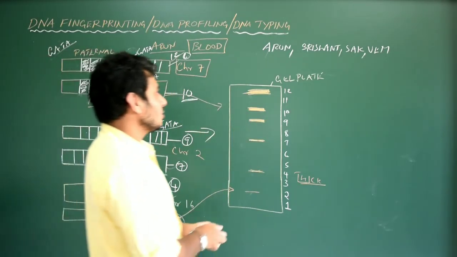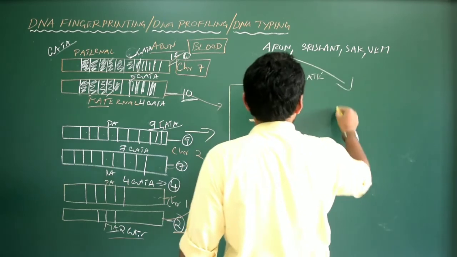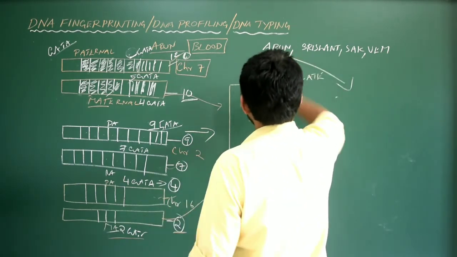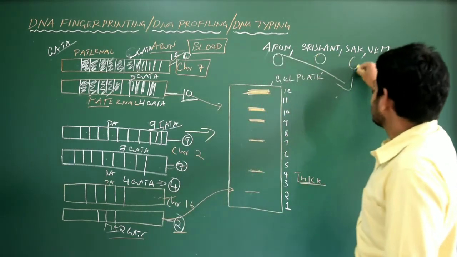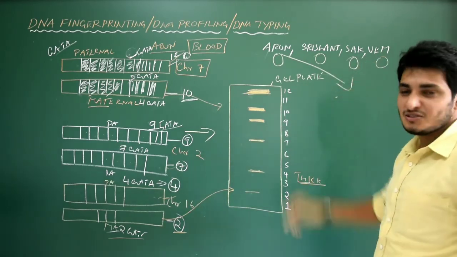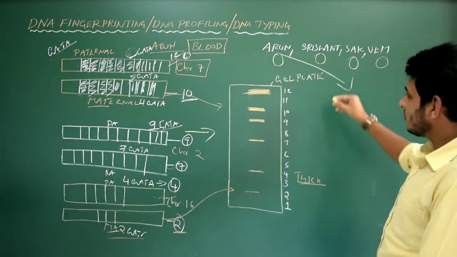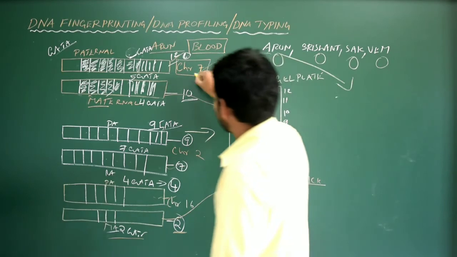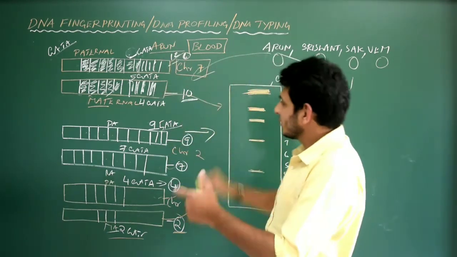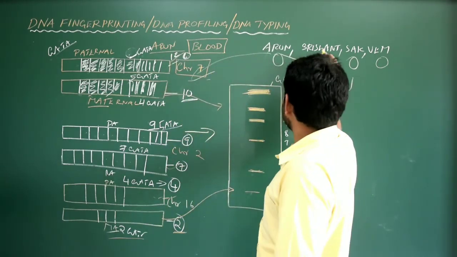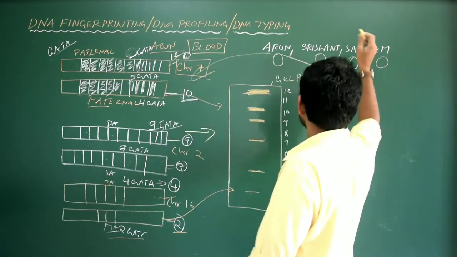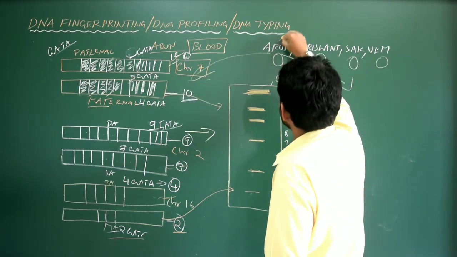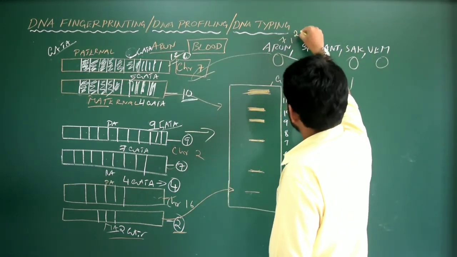Now what they are going to do is take my blood, Srishant's blood, Sakshat's blood and Veman's blood, because we are all the suspects. They are going to do the same procedure. They are going to consider my chromosome number 7, then Srishant's chromosome number 7, Sakshat's 7, Veman's 7. That means 7, 2 and 16.